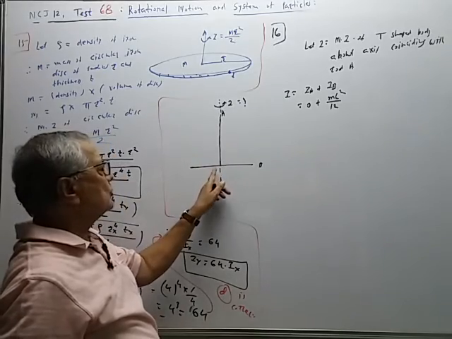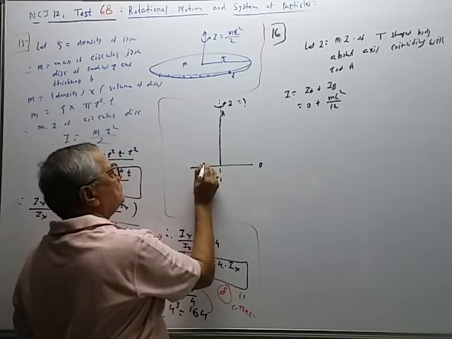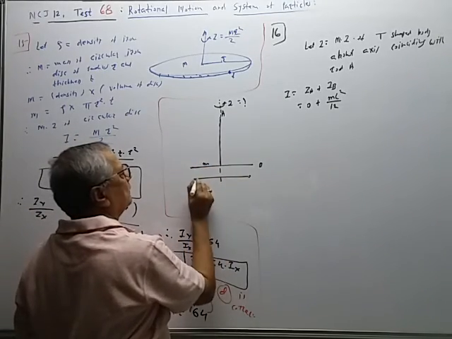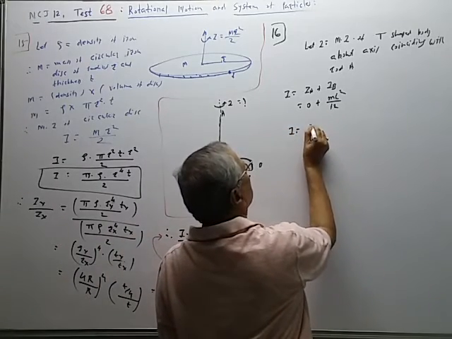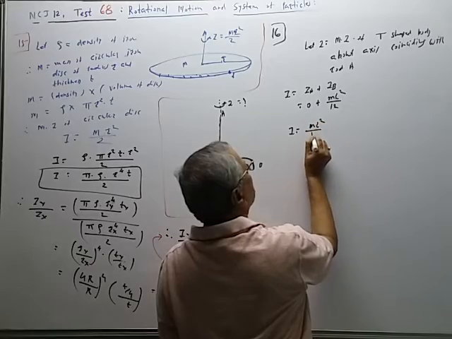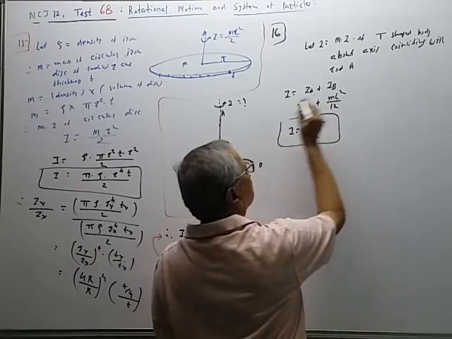This axis is passing through the center of the rod. So this mass is m, this total length is L. Therefore ml square by 12. So I is equal to ml square by 12.